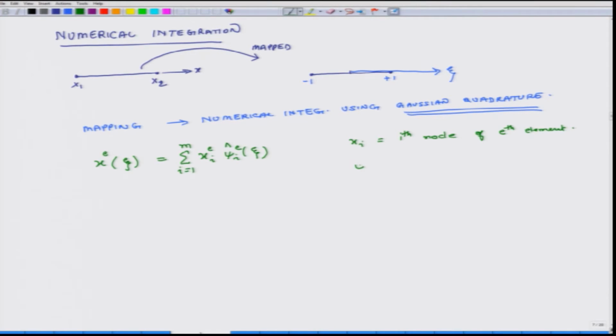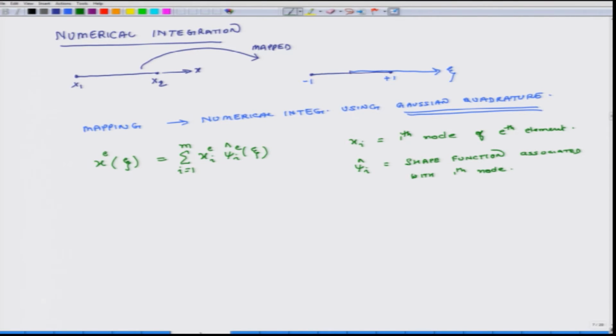And psi I hat is the shape function associated with ith node.